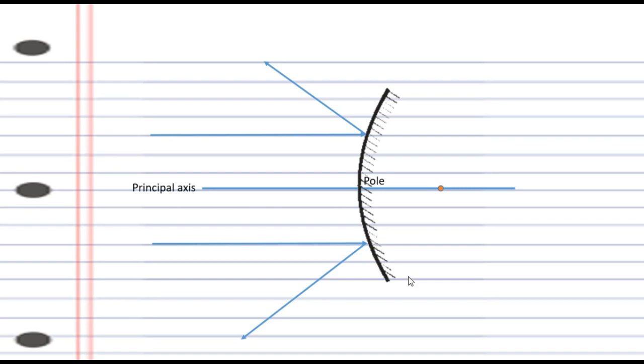Now diagram is not yet over. When these reflected light rays are brought back, suppose if you can bring back these reflected light rays, will they not pass through this point? Surely, and that we have to do it.